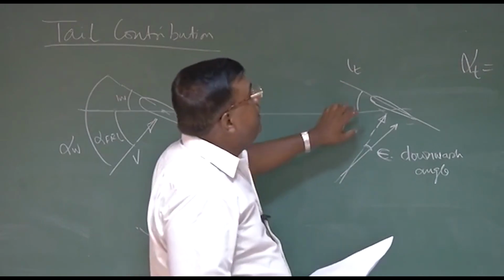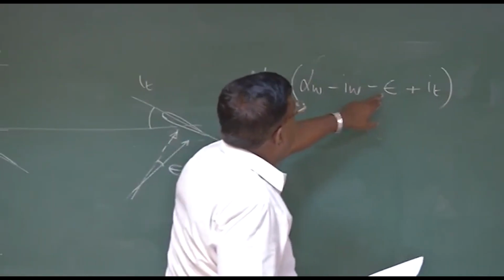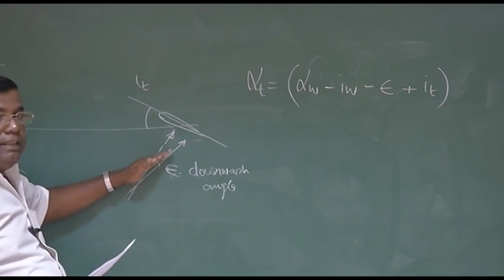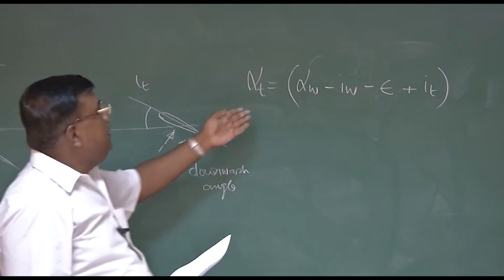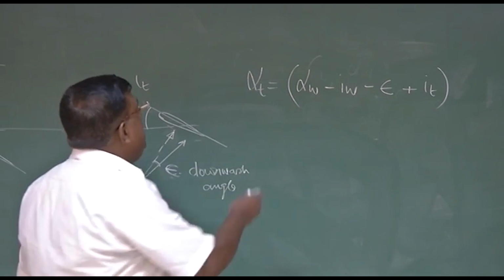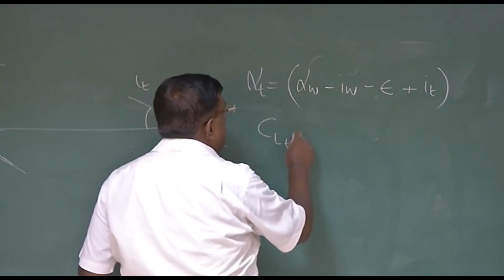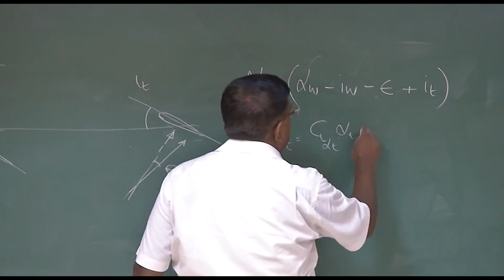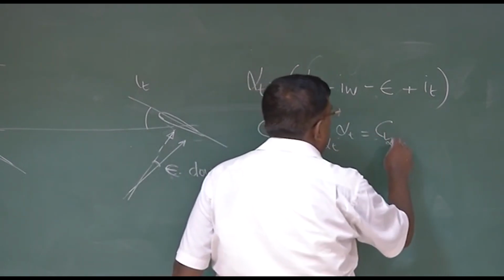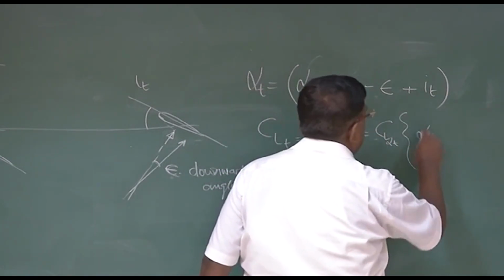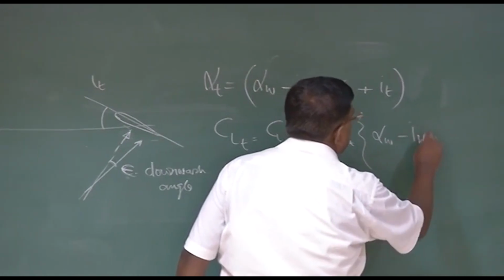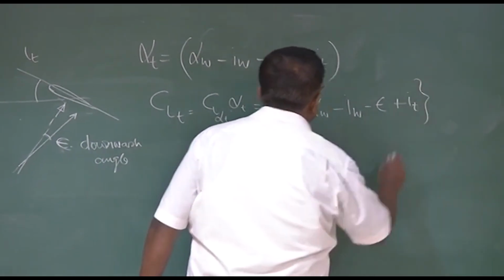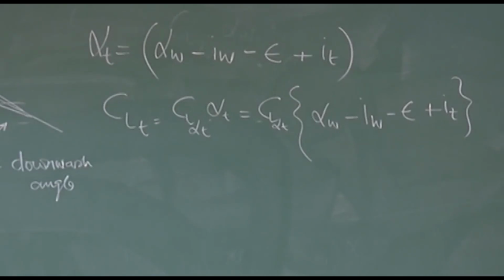But now alpha FRL is reduced because of epsilon, because the velocity vector has tilted like this because of downwash. So this is the alpha tail. What is CL tail then? CL tail will be CL alpha tail into alpha of tail. That is CL alpha tail into alpha W minus IW minus epsilon plus IT. So this should be kept in mind.